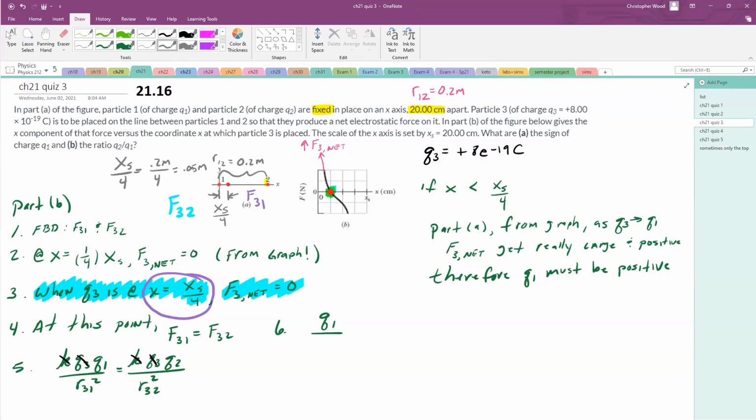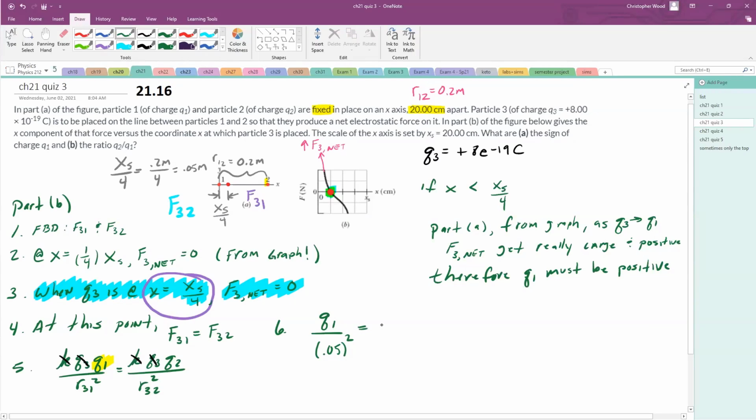Okay, so with that in mind, I can go back to number 6 here. My left side is Q1, so Q1 is right here. What's the distance between 3 and 1? The distance between 3 and 1 at this moment, at this point, is 0.05 squared. That's the left side of my equal sign.